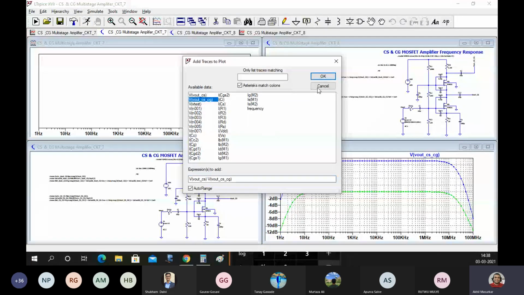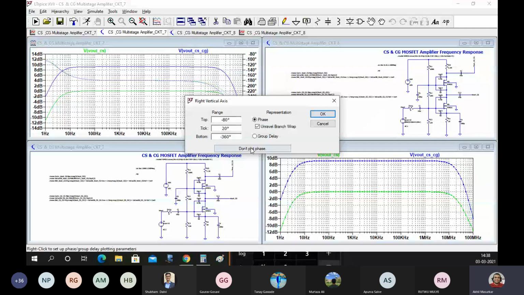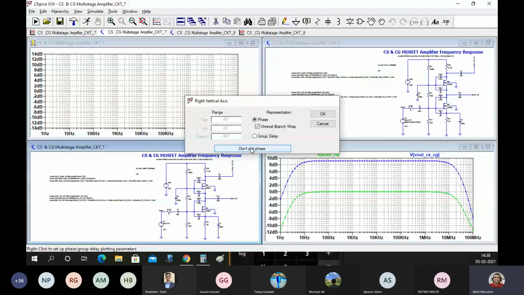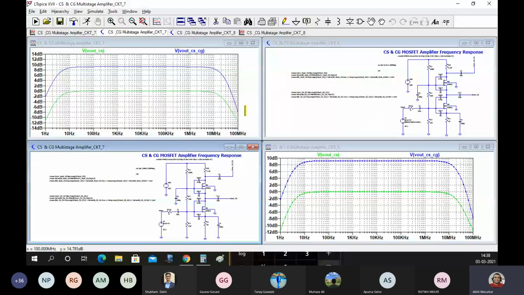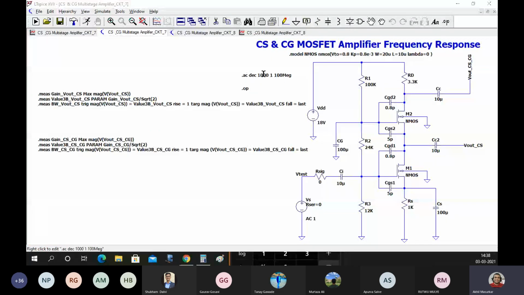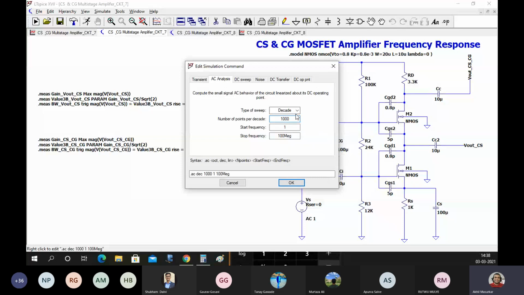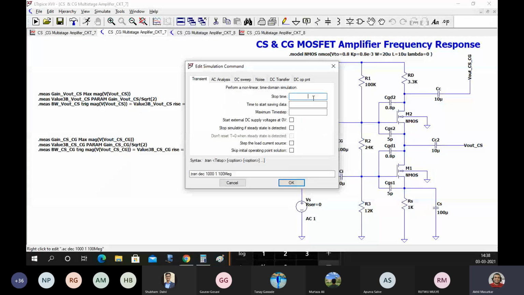Here I'm removing the phase plots. Here this has to be dot tran, 0, 0.0, okay.